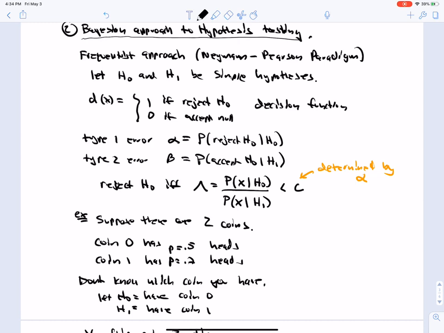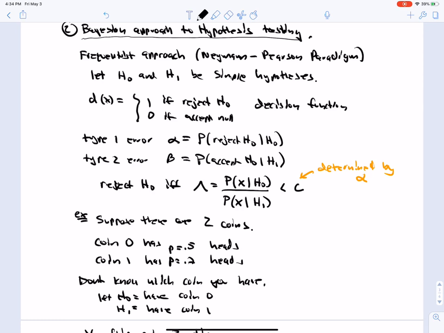Now our test is going to be to reject the null if lambda, which is the ratio of the likelihoods, is less than c.